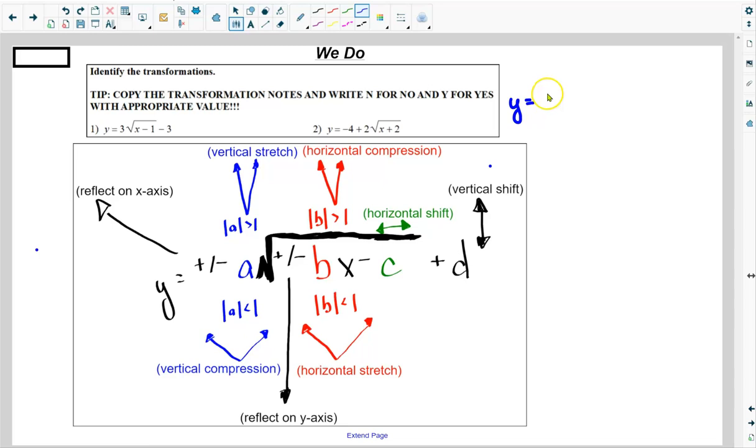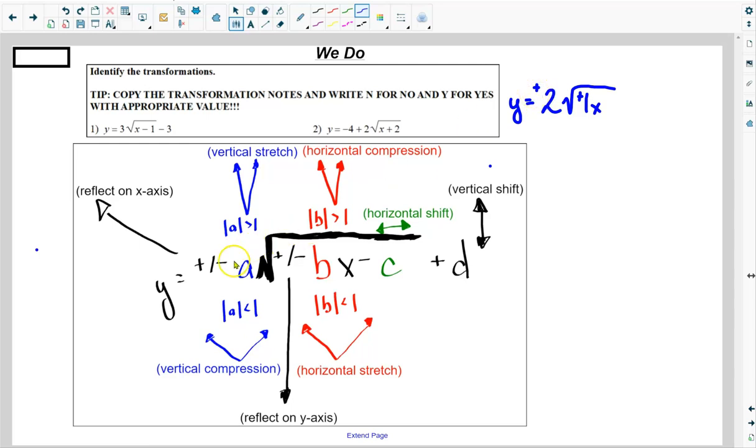So I've got the 2, it's actually a positive 2, square root of x. Up here in the front, I should have a sign and a number, so it's a positive 1, x.